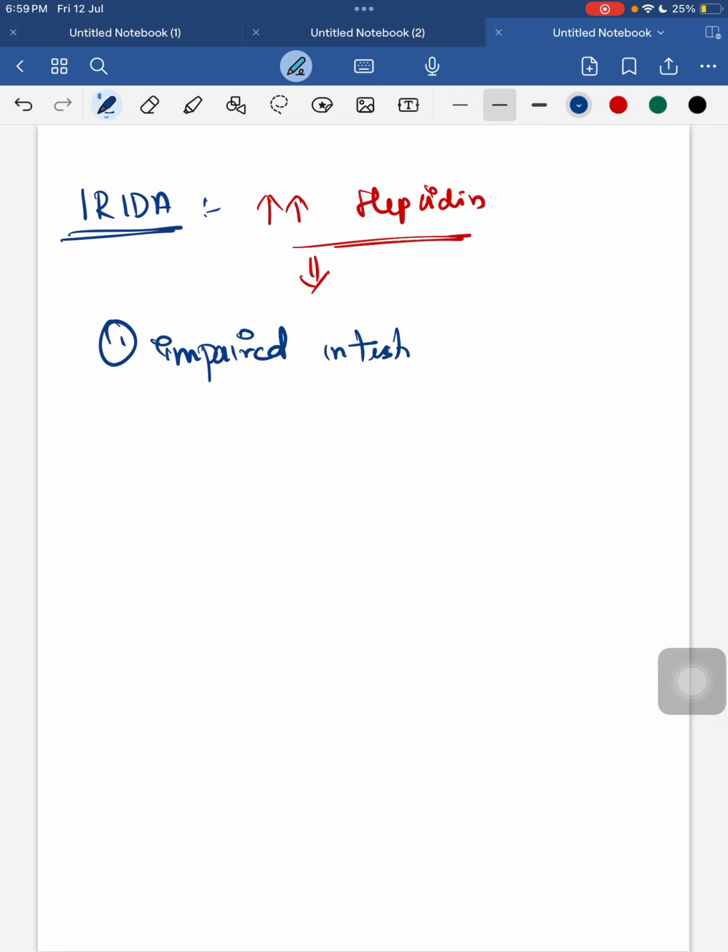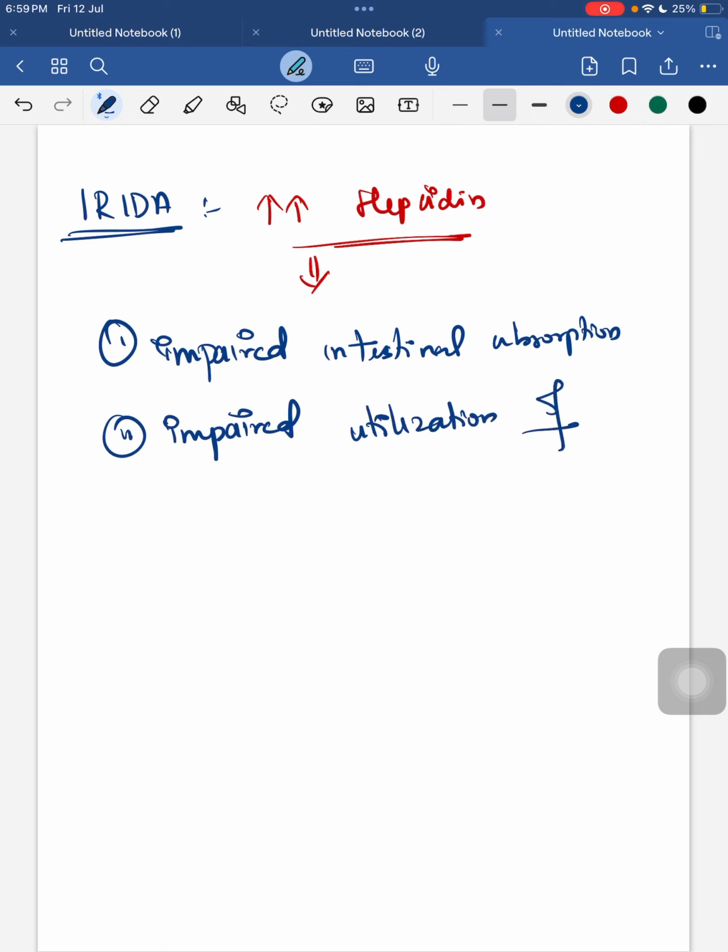So this parenteral iron formulation requires your macrophage for its processing before the iron can be made available for your erythropoiesis. That will not be sufficient when a child has iron refractory iron deficiency anemia. When you take a lab investigation, this child will have a severe hypochromic microcytic anemia.